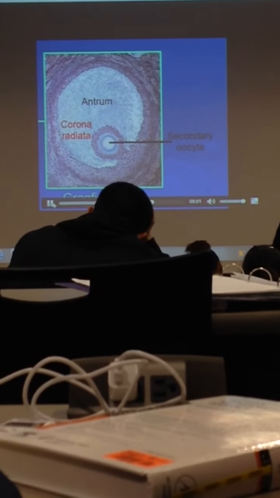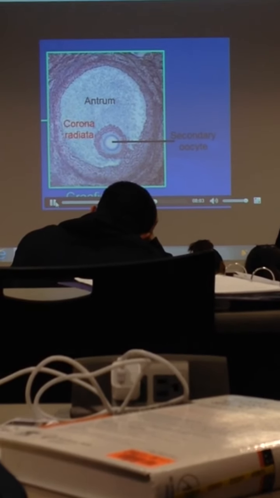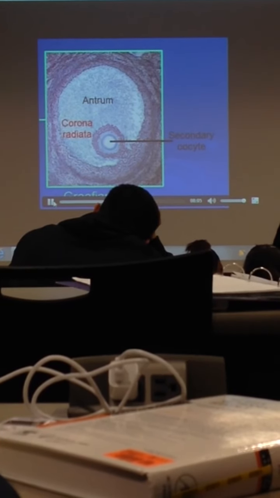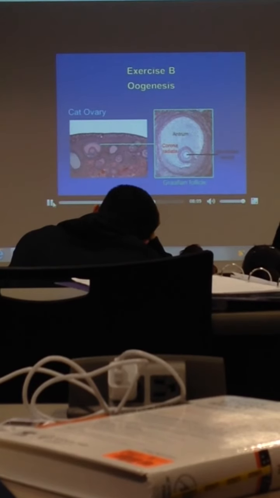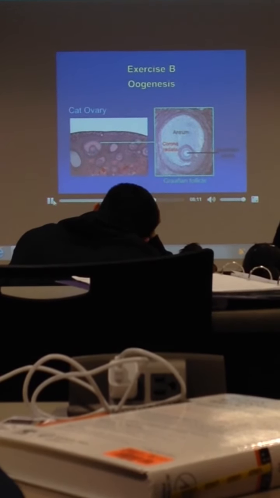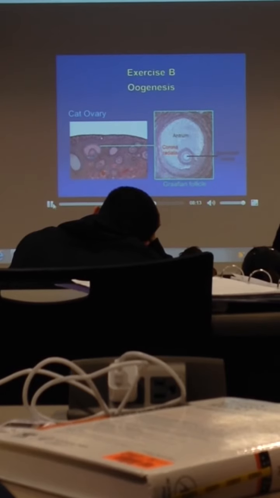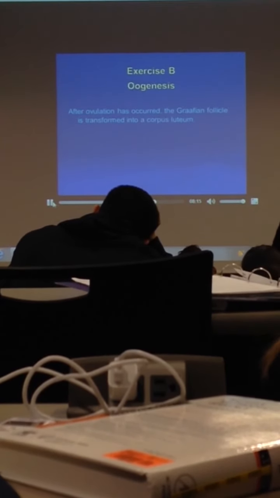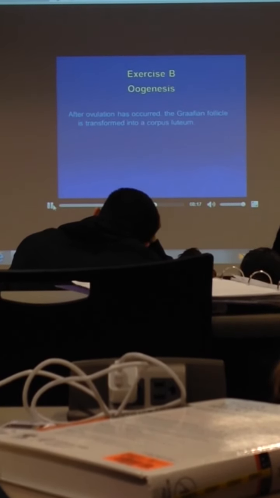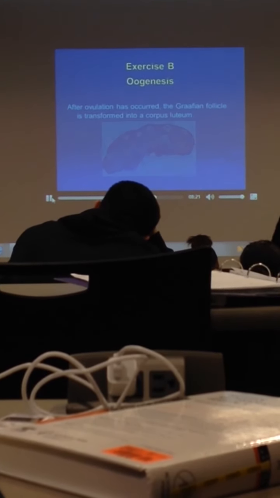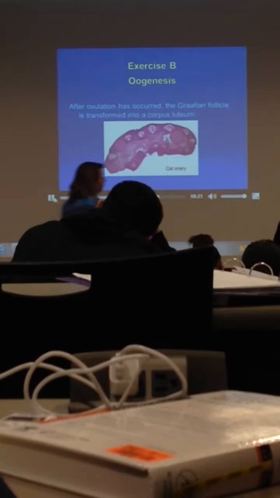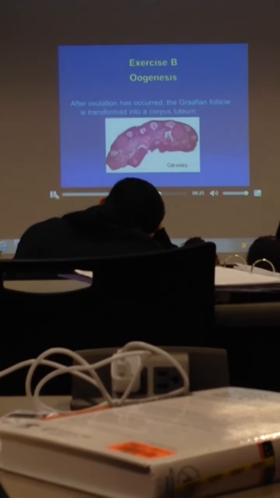In humans, sperm penetration, more properly known as fertilization, typically occurs in the oviduct of the female. What happens to the Graafian follicle once ovulation has occurred? It is transformed into a structure known as the corpus luteum. Notice that this cat ovary contains 2 corpora lutea.